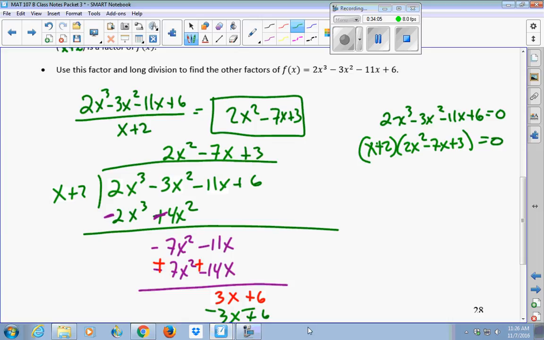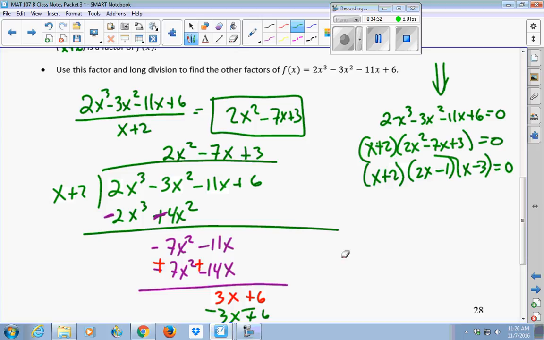Remember my original question: find the solutions to this equation set equal to 0. If I can factor it, then each factor gets set equal to 0 and I have my solution. So I have to factor 2x squared minus 7x plus 3. Oh, good, that's one that I know how to do. So there's the factorization.